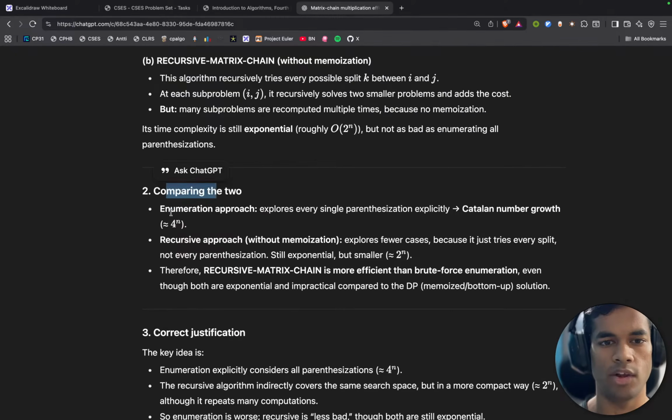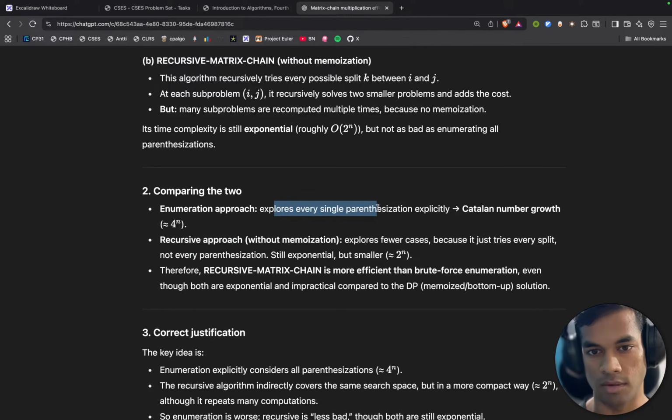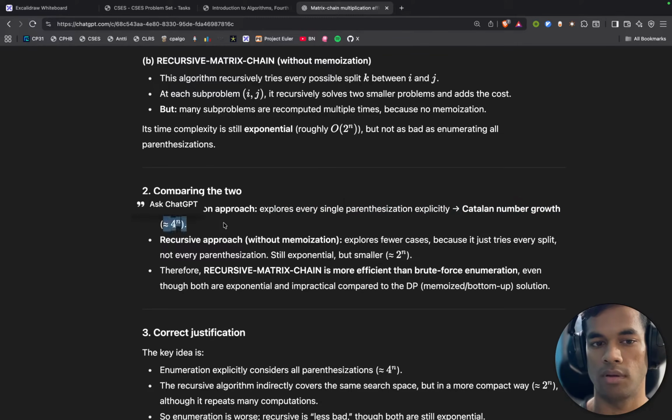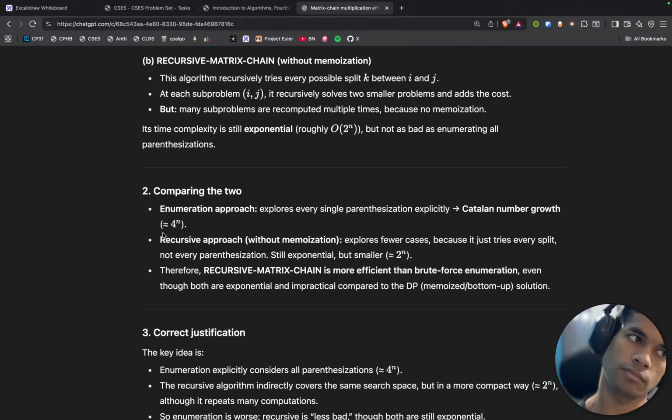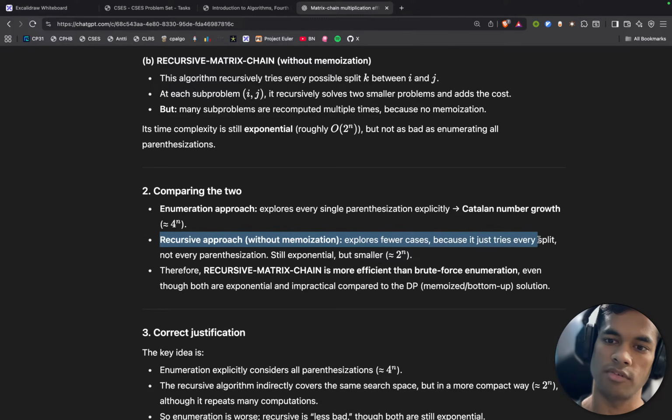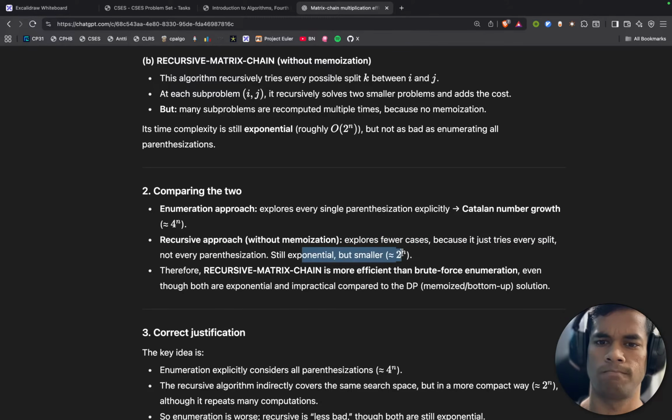The enumeration approach explores every single parenthesization explicitly, Catalan number growth, which is about 4 power n. The recursive approach without memoization explores fewer cases because it just tries every split, not every parenthesization, so it's smaller.